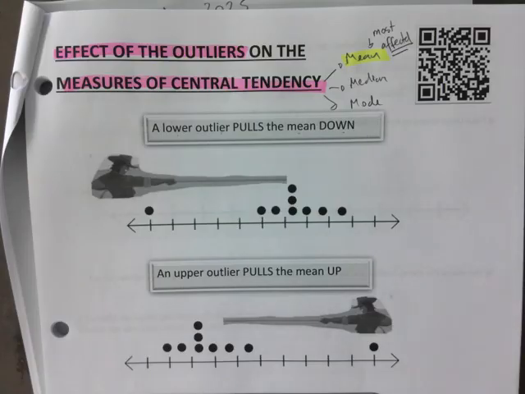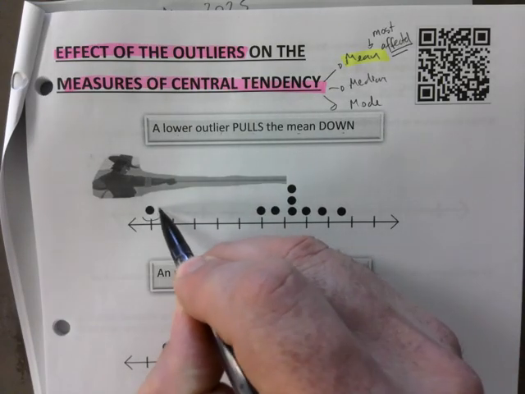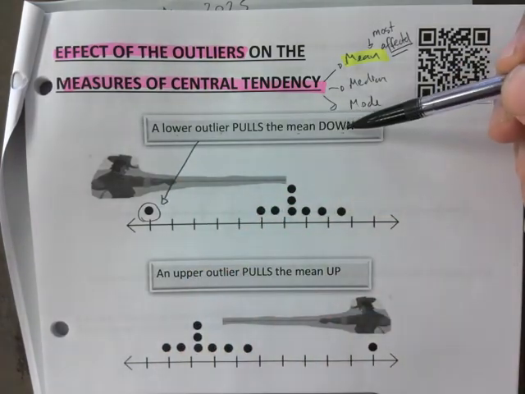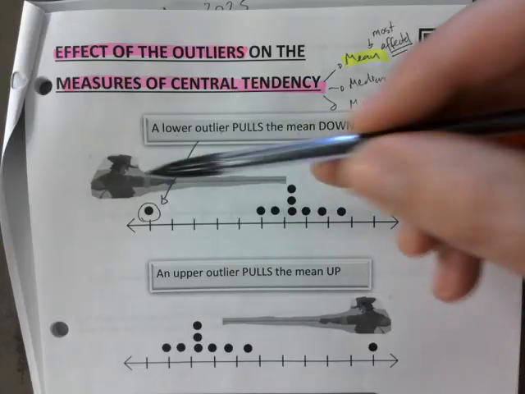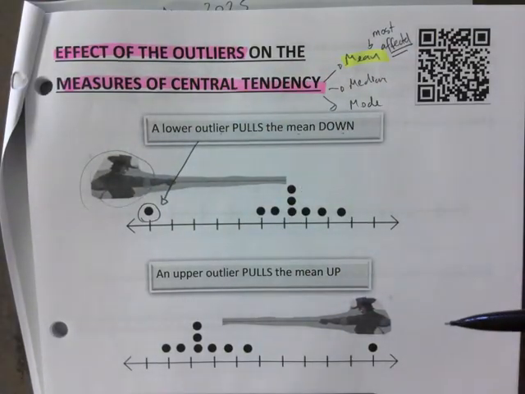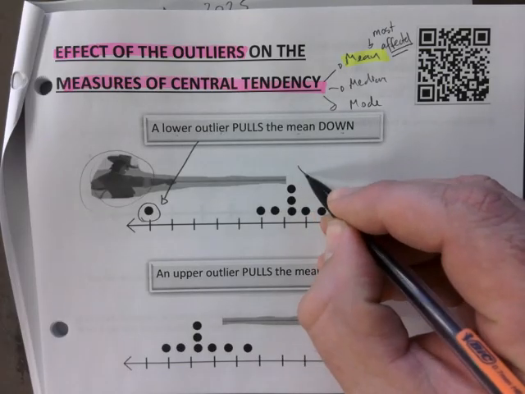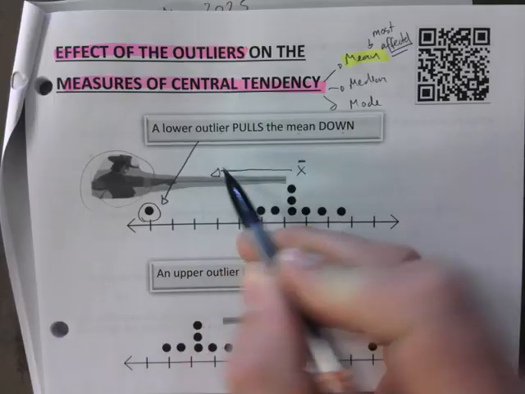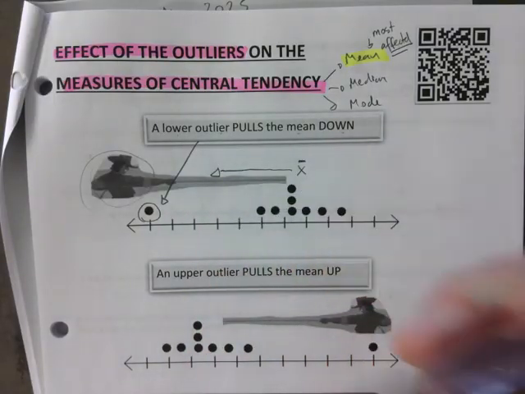Because the 0 just pulls it down. So this low outlier pulls your mean down. I have a cowboy there lassoing in your mean, right? Your mean would be probably somewhere here, and now it's getting pulled to the low end. It's going to drop.